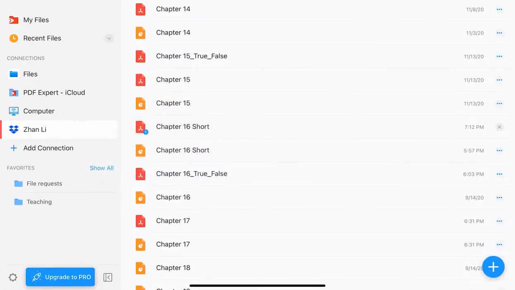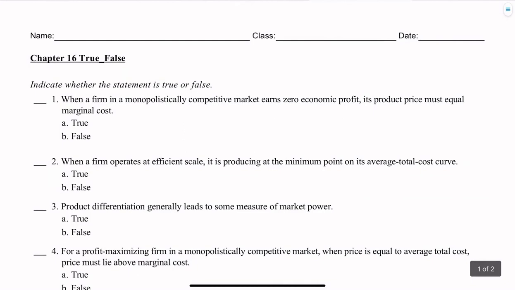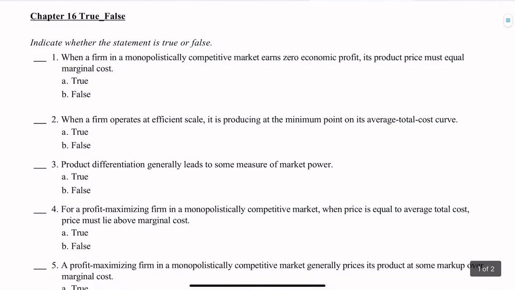Now let's look at the true-false problem. Okay. So when a firm is in a monopolistically competitive market and it earns zero economic profit, then its product price must equal marginal cost.